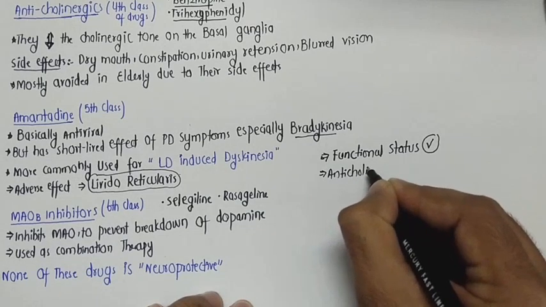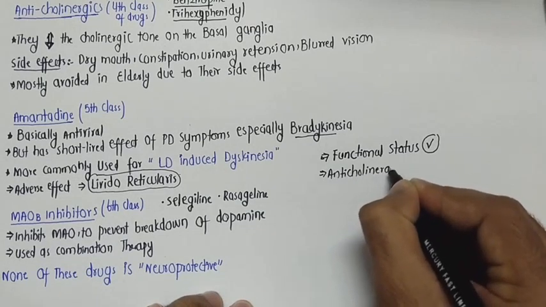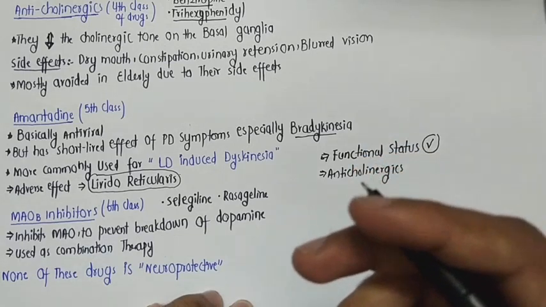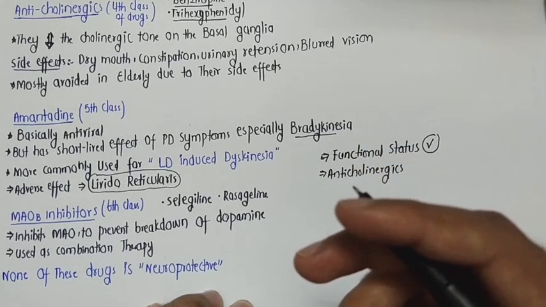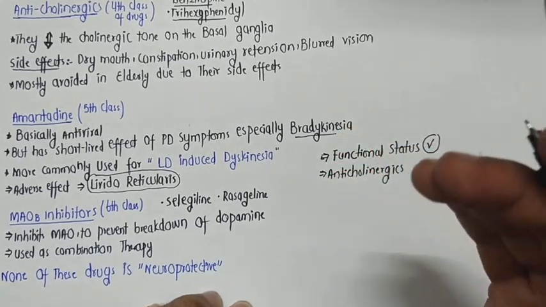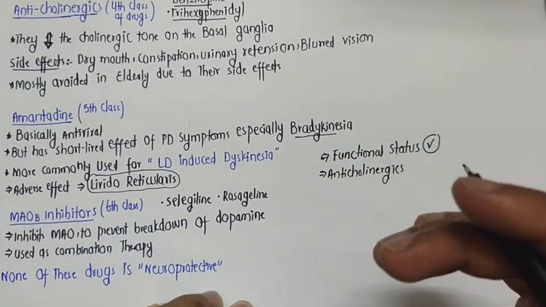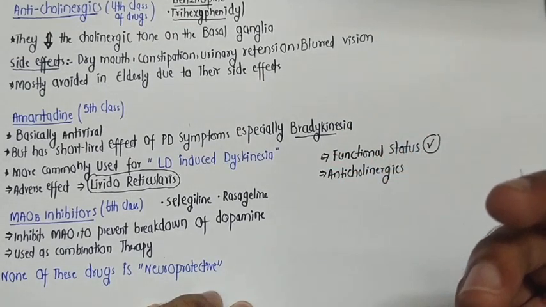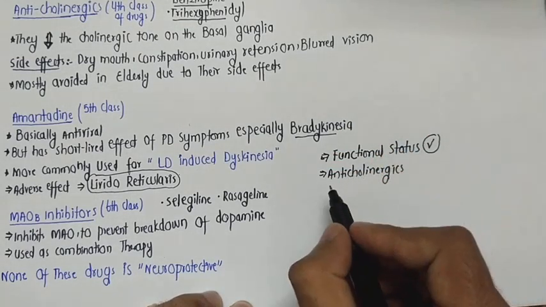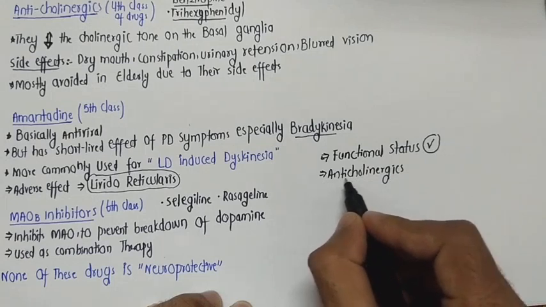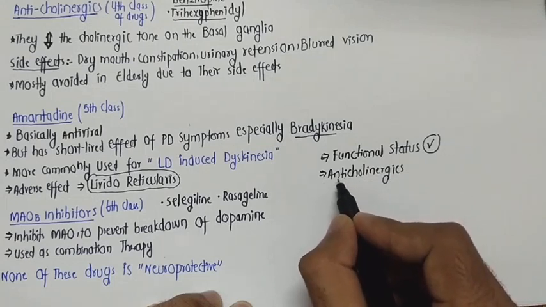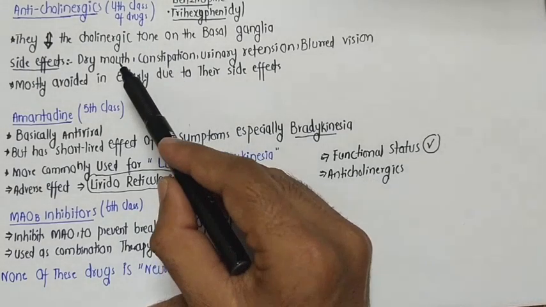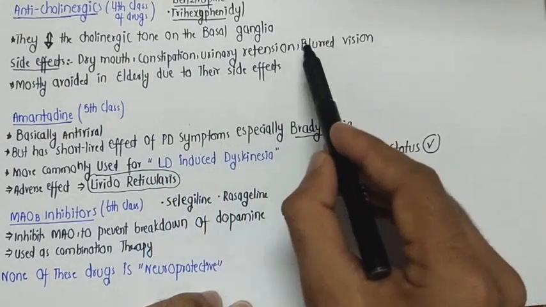But as you know, the majority of Parkinson's disease patients are older than 60 or 70 even, so their age tends to be more than 70 or 80. They cannot tolerate the adverse effects of anticholinergics, like dry mouth, constipation, urinary retention, and blurred vision.